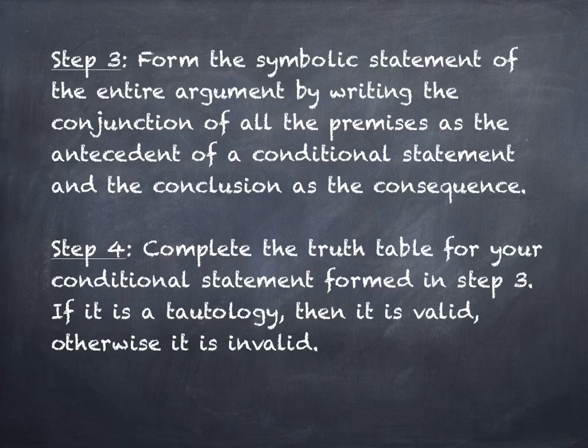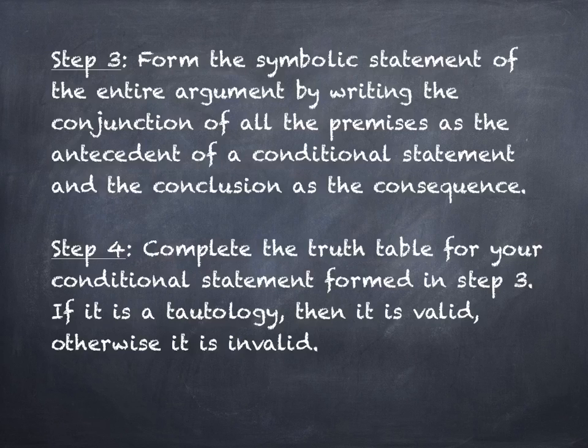That was what steps 1 and 2 said you were going to do. Step 3 says you're going to take the first statement and the second statement and put them next to each other with an and symbol between them. And then you're going to put an arrow to the last statement, which is the conclusion, or the consequent. You're going to write the symbols all out in one really long statement.